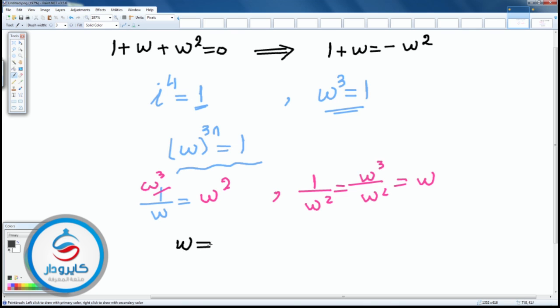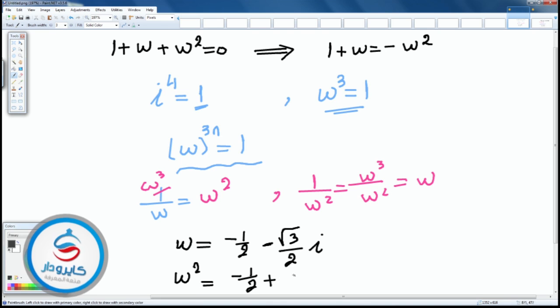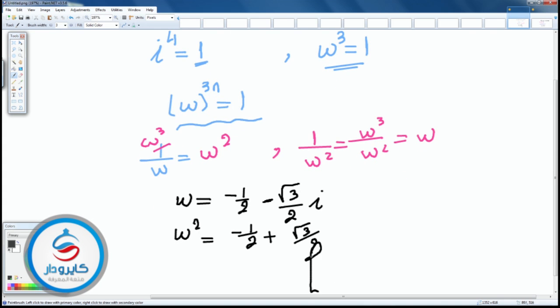Omega equals negative half minus root 3 over 2 i, and omega square equals negative half plus root 3 over 2 i.